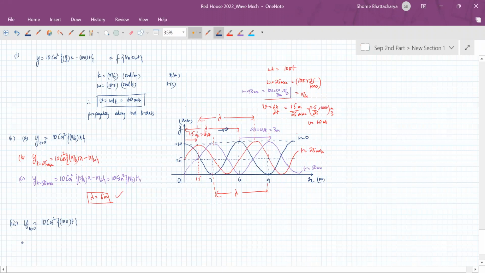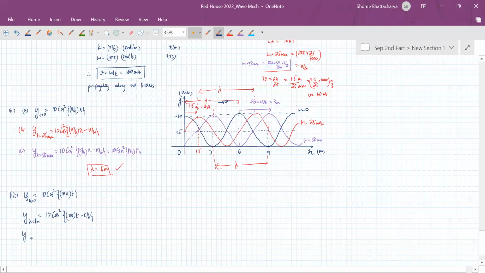Okay. Similarly, y at x equal to 1 is 10 cos square. We can write this as 10 pi t minus pi by 6 because it's a cos square function. So cos square of a minus b is the same thing as cos square of b minus a.